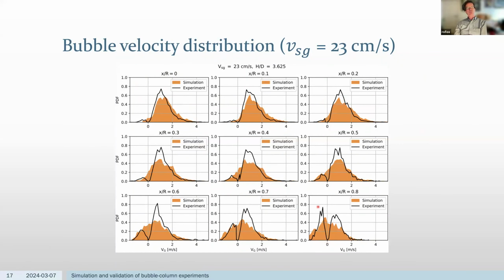The experimental curves are in black and the simulation PDFs are in orange, and you can see that the agreement in terms of the mean and the variance, the RMS velocities, is quite good. You see that pretty much all the way across the column.